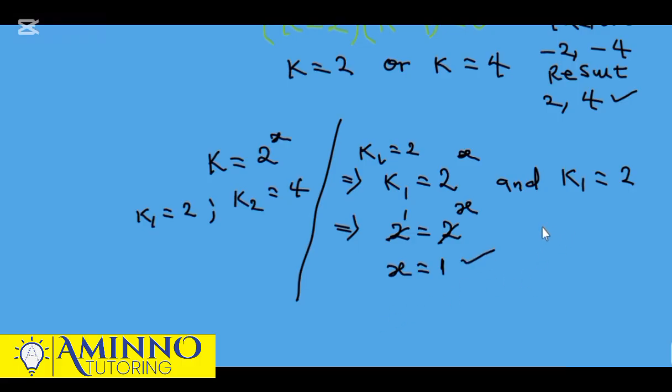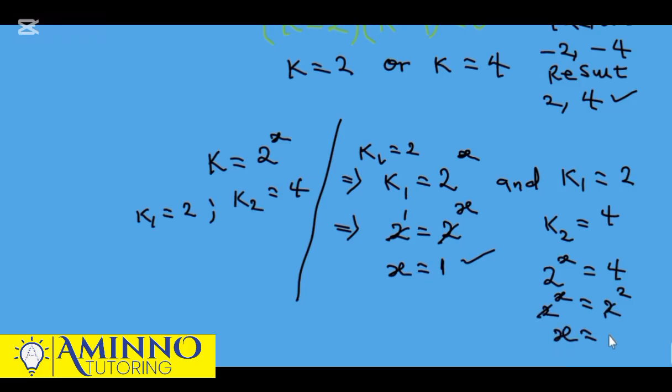Secondly, when k2 is equals to 4, it therefore means that we will now have 2 power x is equals to 4. This is equals to 2 power x. This is equals to 2 power 2, because 2 power 2 is 4. So this will cancel this.